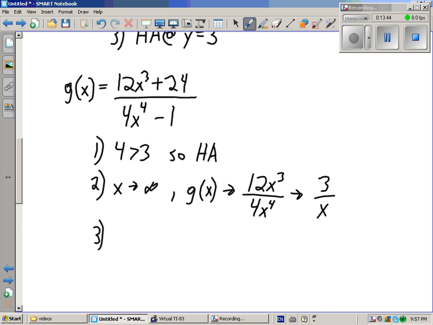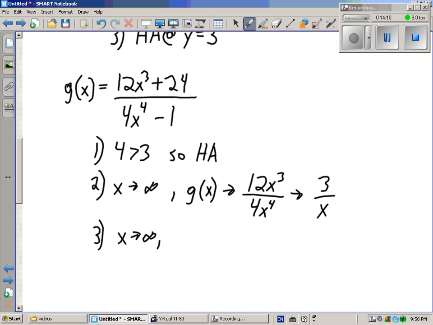floating around in there, think of what's going to happen as x becomes huge. As x becomes a really big number, 3, which is not a really big number, divided by a huge number is going to become a progressively smaller and smaller fraction.